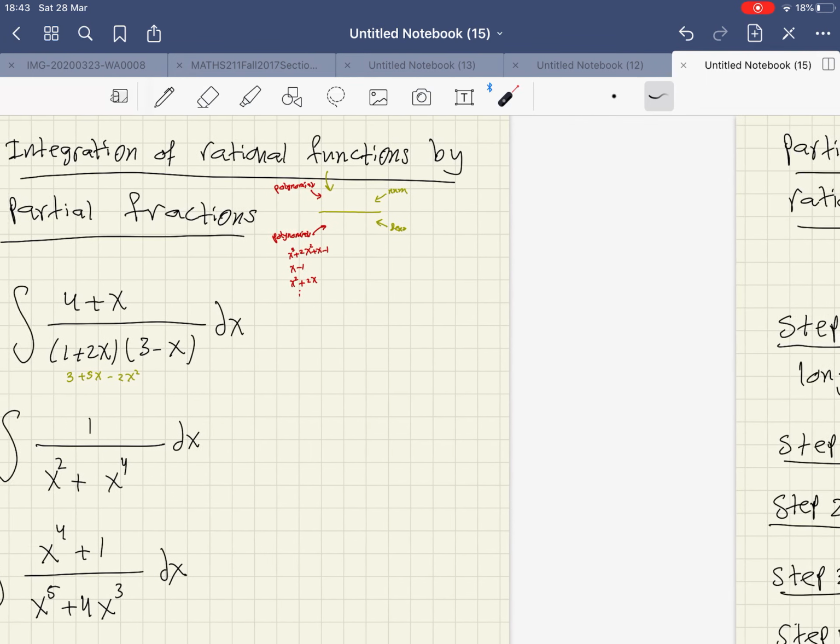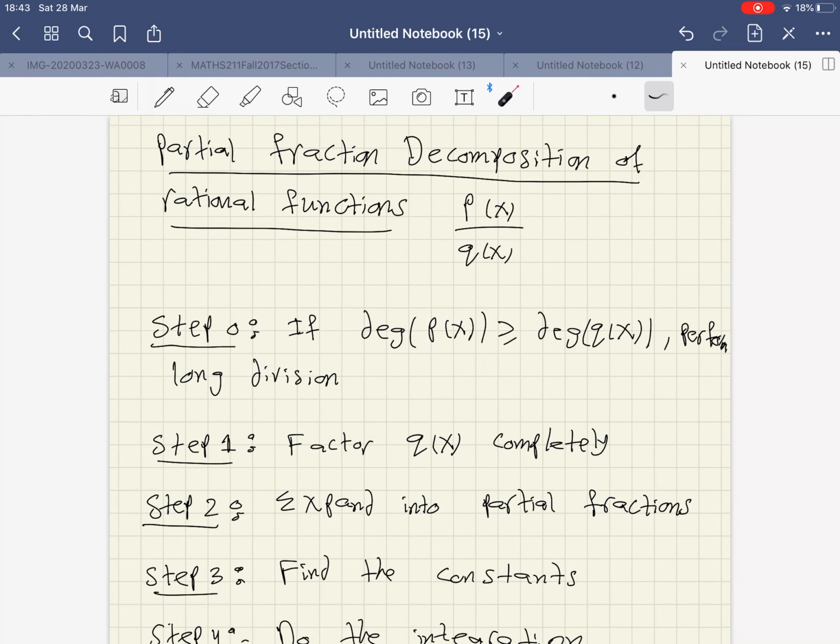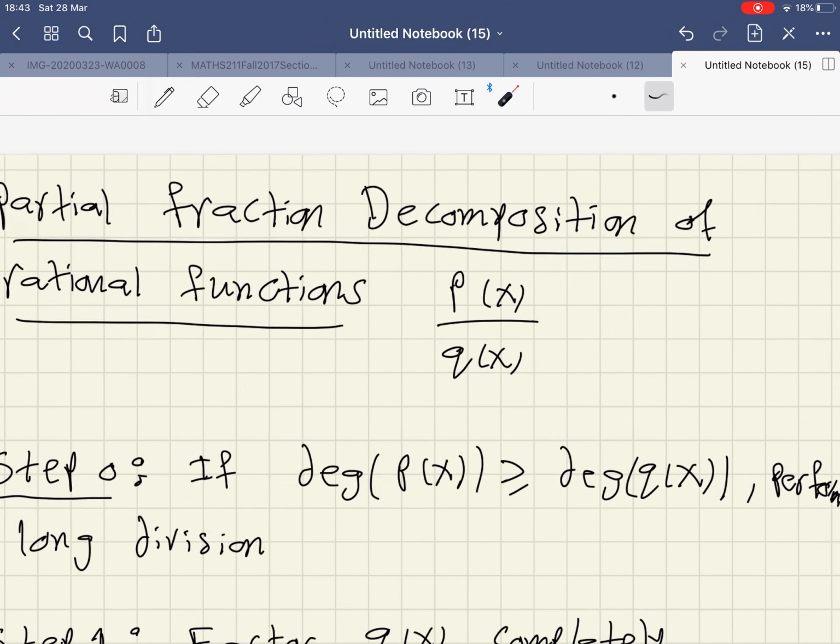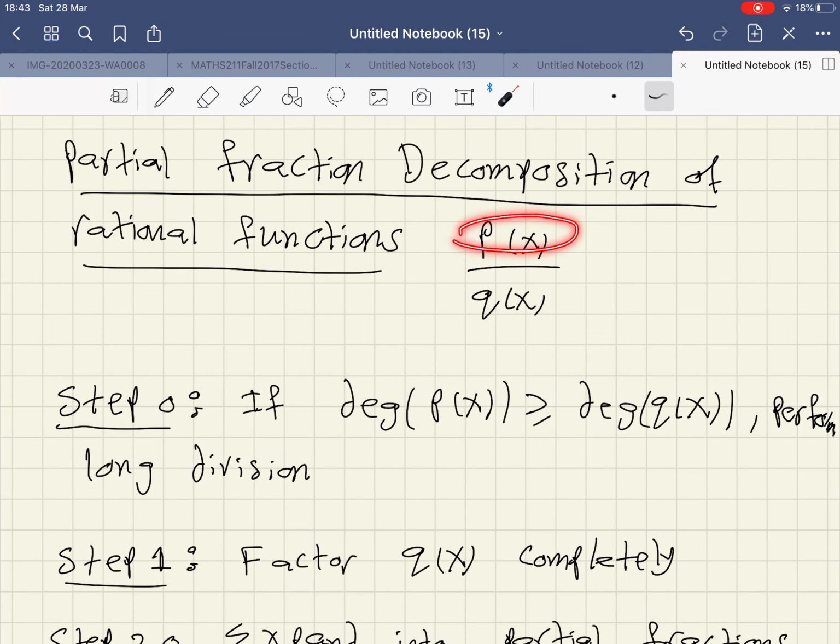Let's see what the partial fraction decomposition is. It's a series of steps. First of all, remember we have a polynomial on the top and a polynomial on the bottom. Step number 0, sometimes we don't need to do it. When do we need to do it? We look at the degree, which is the highest power of x in the numerator, and the highest power of x in the denominator.